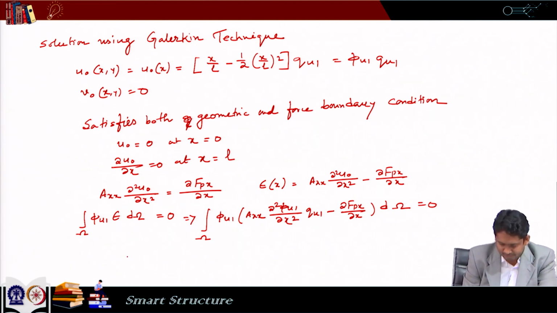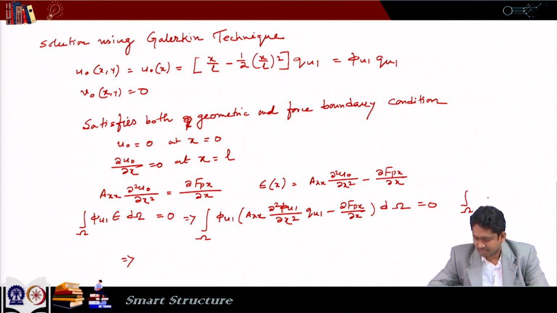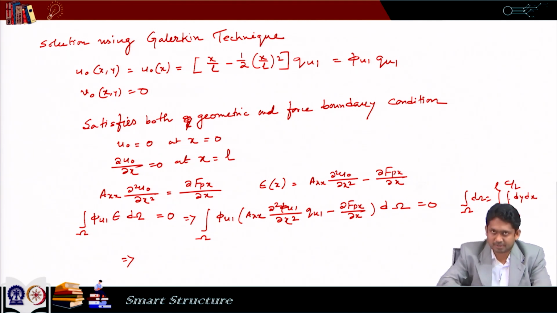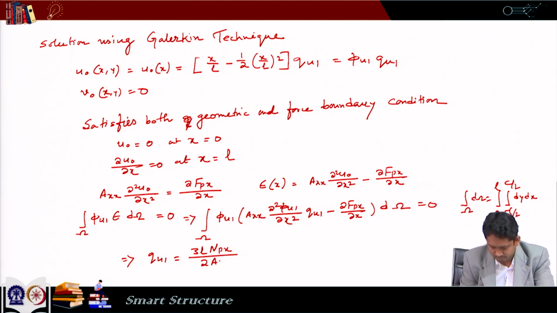And then finally, after evaluating all these integrations, and we know that d omega is equal to the integral from 0 to L and minus c by 2 to c by 2, dy dx, q u1 comes to be 3 L n p x divided by 2 A x x.